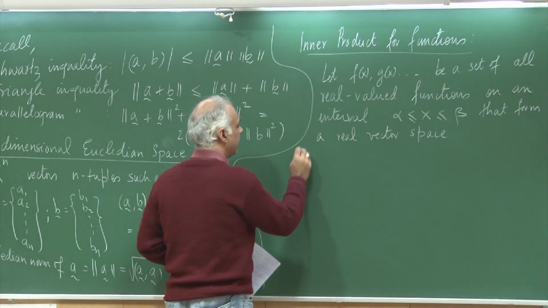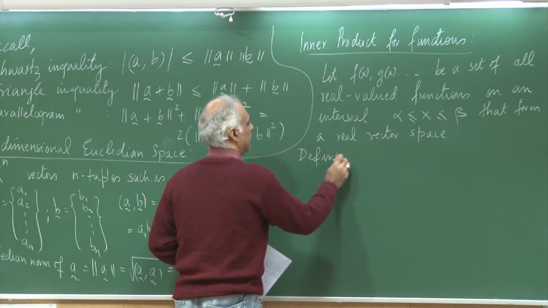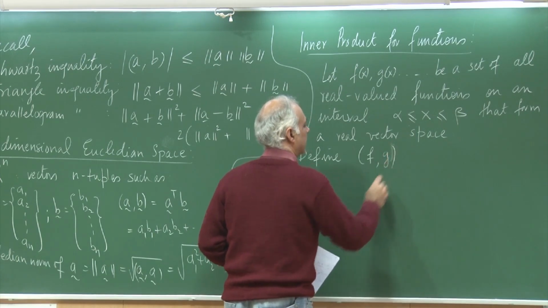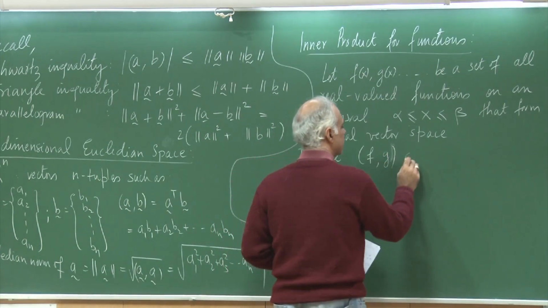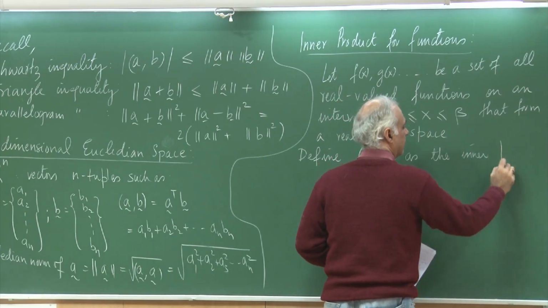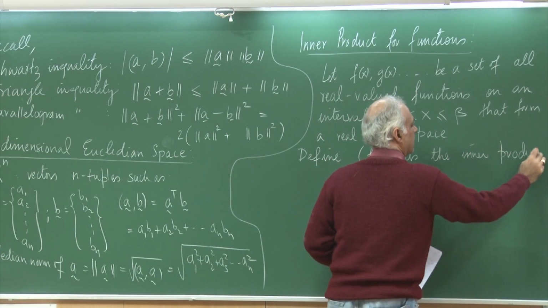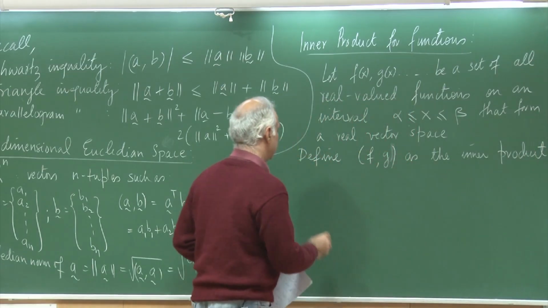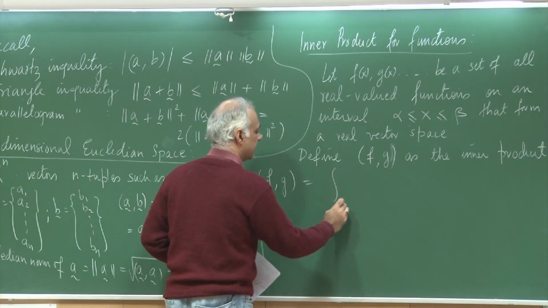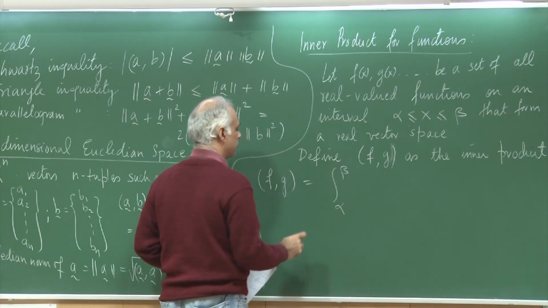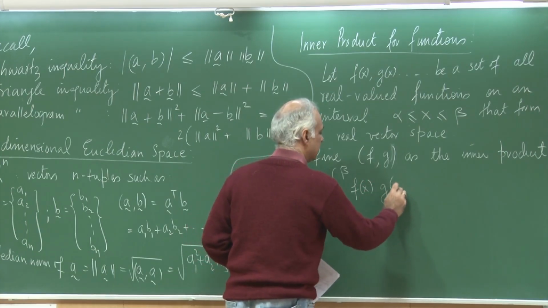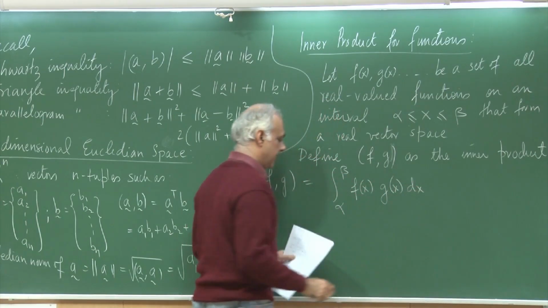So we are going to define f comma g as the inner product in the following manner. So we'll say fg is given as integral from alpha to beta f of x times g of x dx.